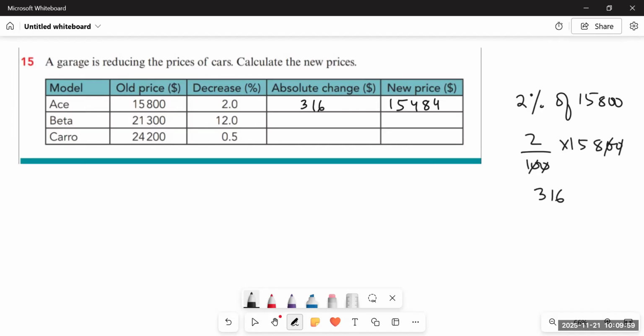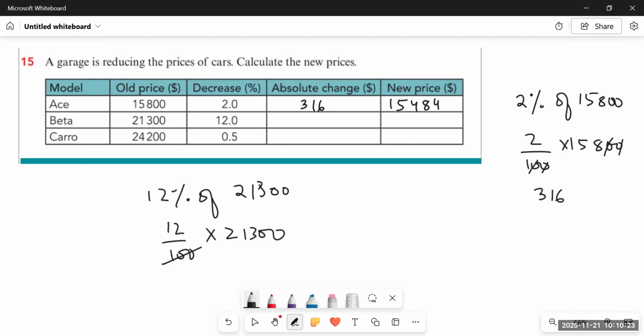Now, for the second one, there is a percentage decrease of 12%. So now we will find 12% of 21,300, which is 12 over 100 multiplied by 21,300.